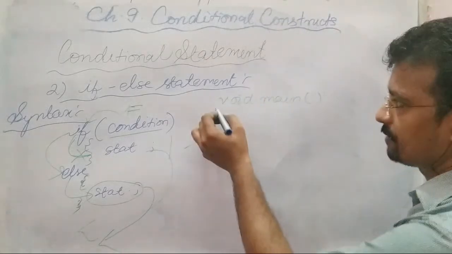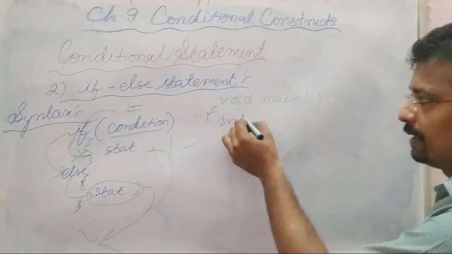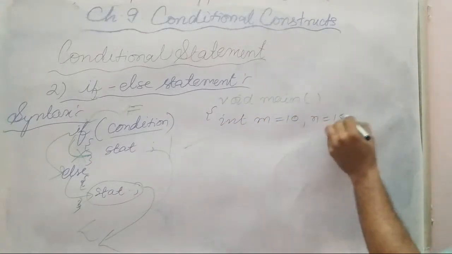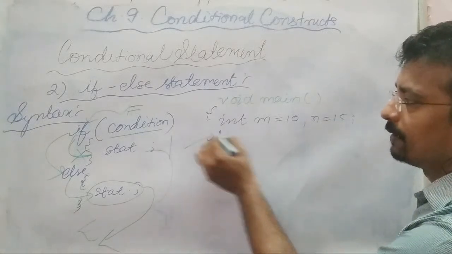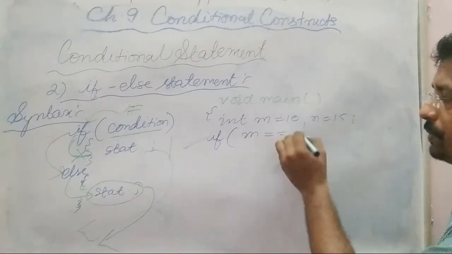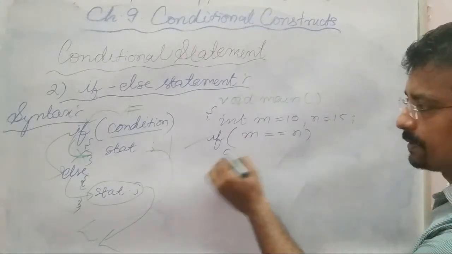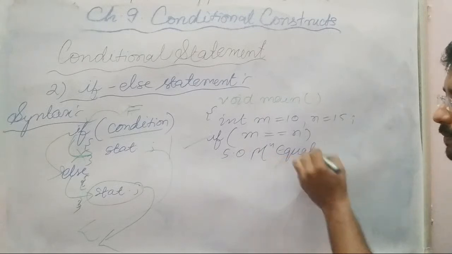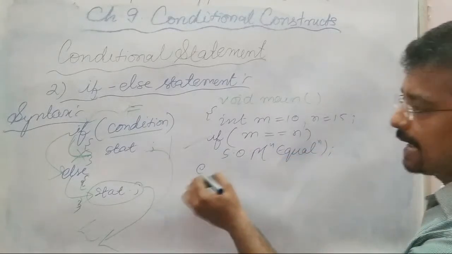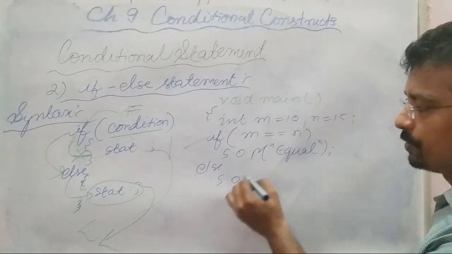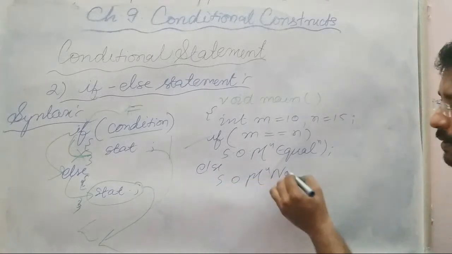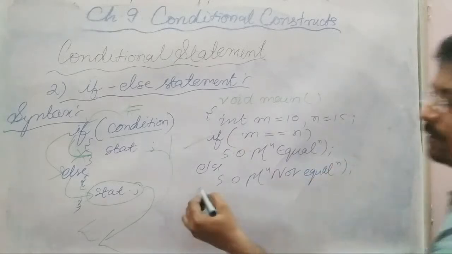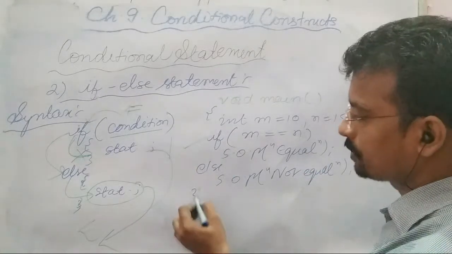So we have taken two values, integer m equal to 10, n equal to 15, and we have to check if m is exactly equal to n. Then what to print? System.out.print, they are equal. Otherwise, else, System.out.print not equal. So this way our program is going to work.